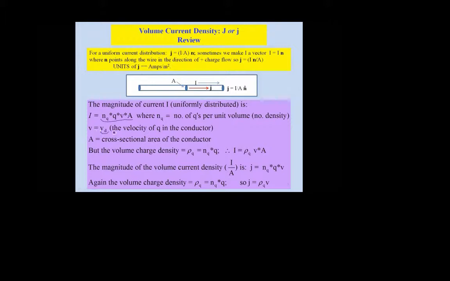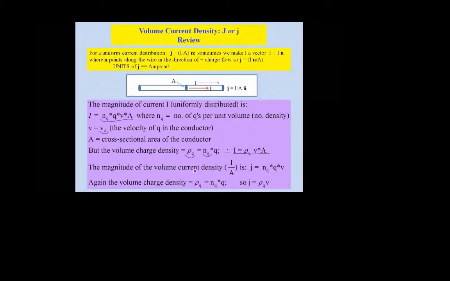So these are interchangeable for what we're going to discuss today. And of course A is the cross-sectional area of the conductor. Let's not forget though that the volume charge density, which we call rho, is equal to the number density times q. So if you wanted to, you can write I in terms of rho, as we've done here.